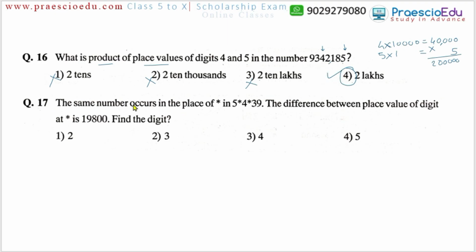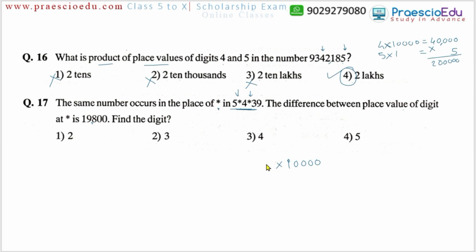Now question 17. The same digit occurs in the place of the star in this number. The difference between the place values of the digit at the star is 19,800. Find the digit. One star is at the 100s place and another is at the 10,000s place.